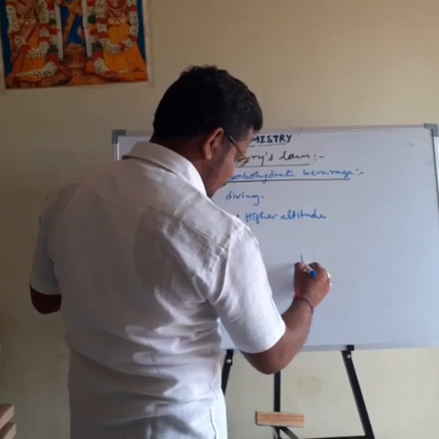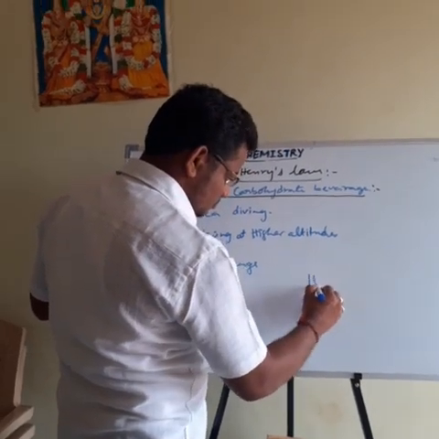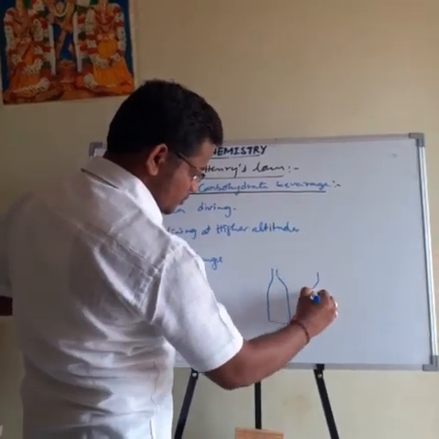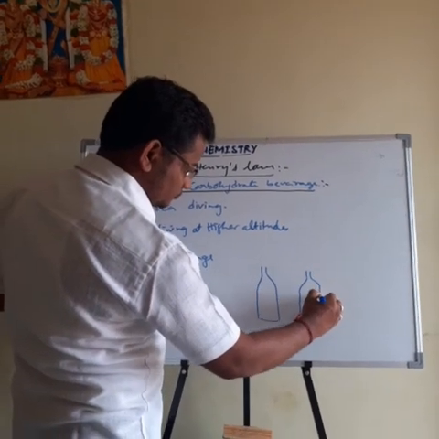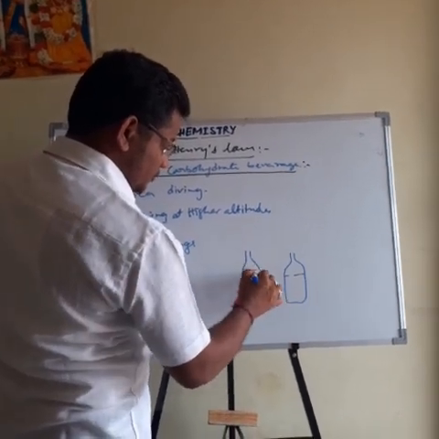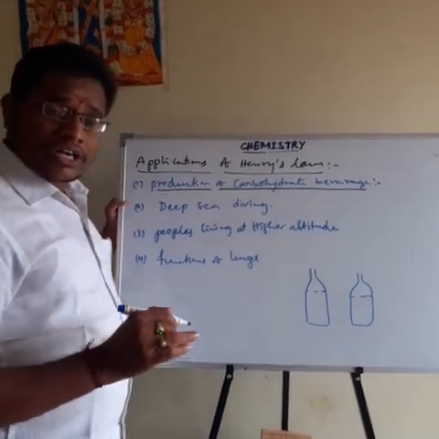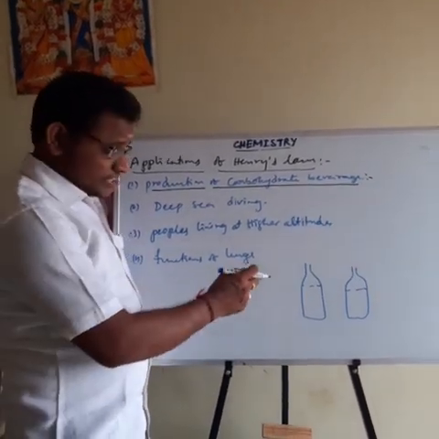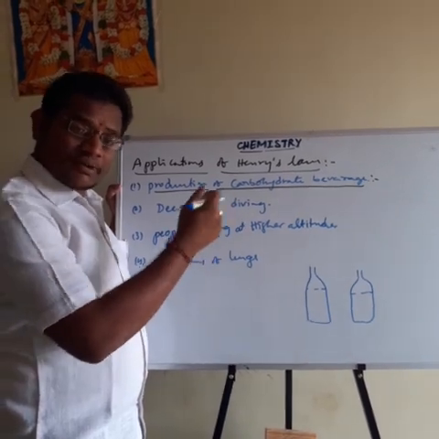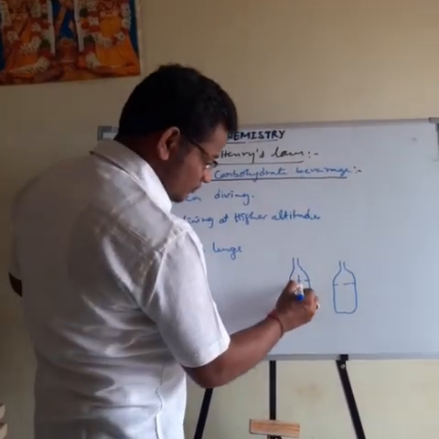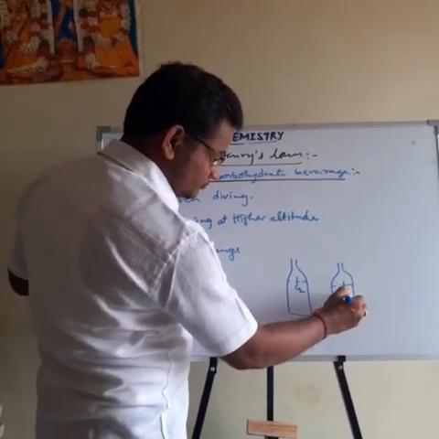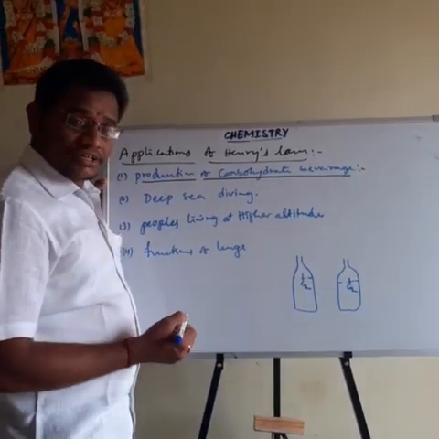This is the soft drink bottle or soda water bottle with liquid. In soft drinks and soda water, the solubility of carbon dioxide in the liquid is increased at high pressure.